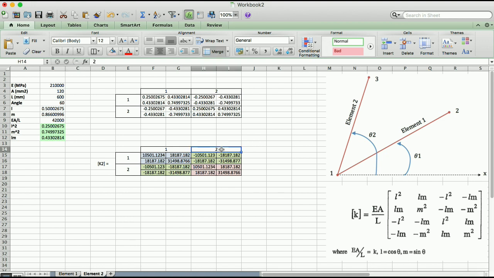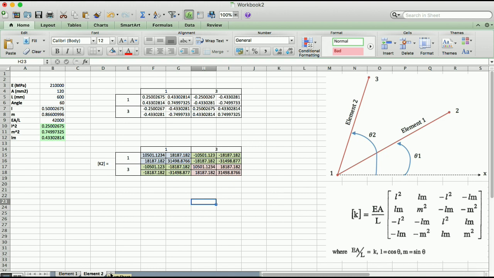Also, I forgot, we need to change these numbers to 3 because our second element has nodes 1 and 3. Now, next step is to create the assembly matrix for the whole structure that contains element 1 and 2 and shares the joint 1.